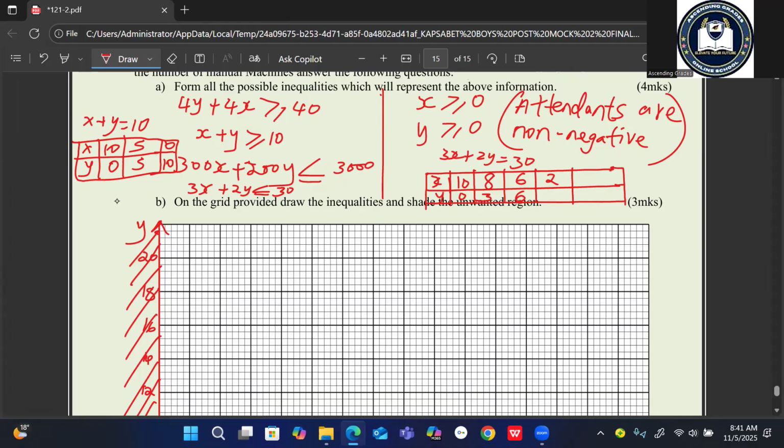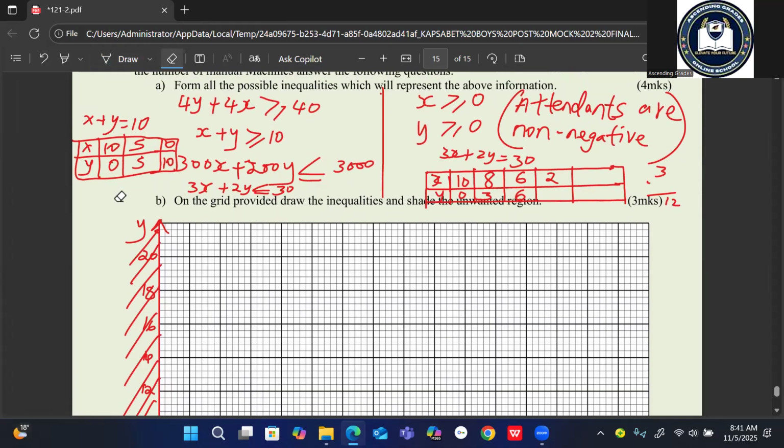we are finding when our x is 2. So it will be 2y. 2y is equal to 30 minus 6.